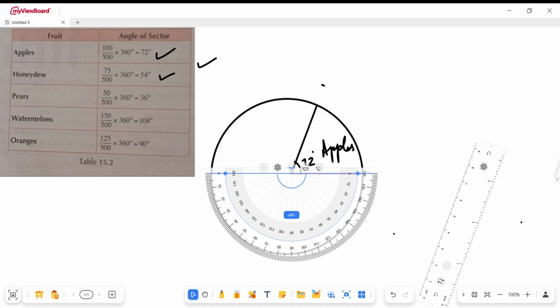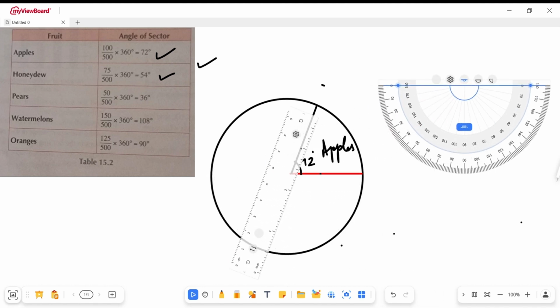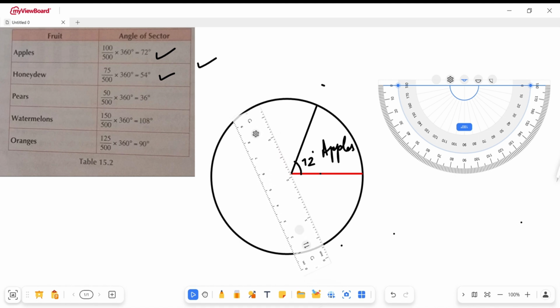Here again, where is 54? 54 is somewhere here. Now mark it. Take the scale, and from the center of the circle to this 54 degree mark, be careful, join it, from the center of the circle to the circumference.